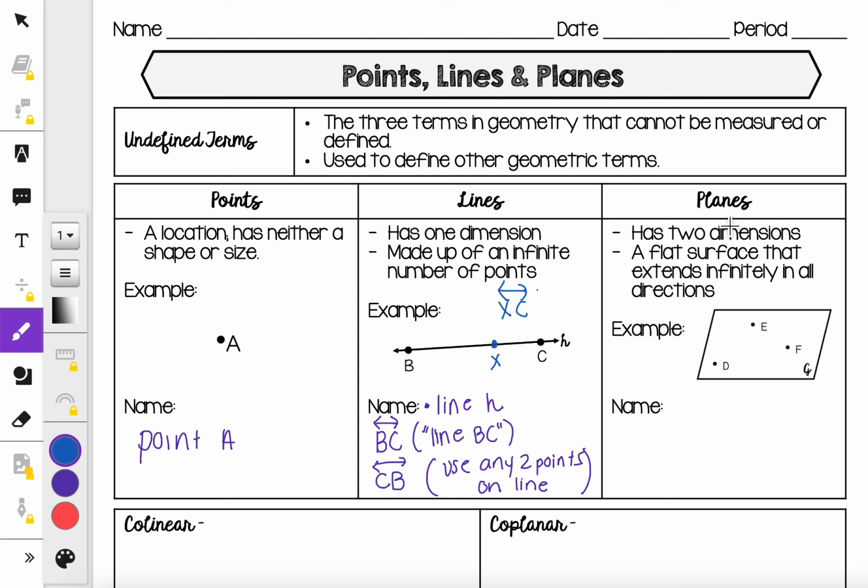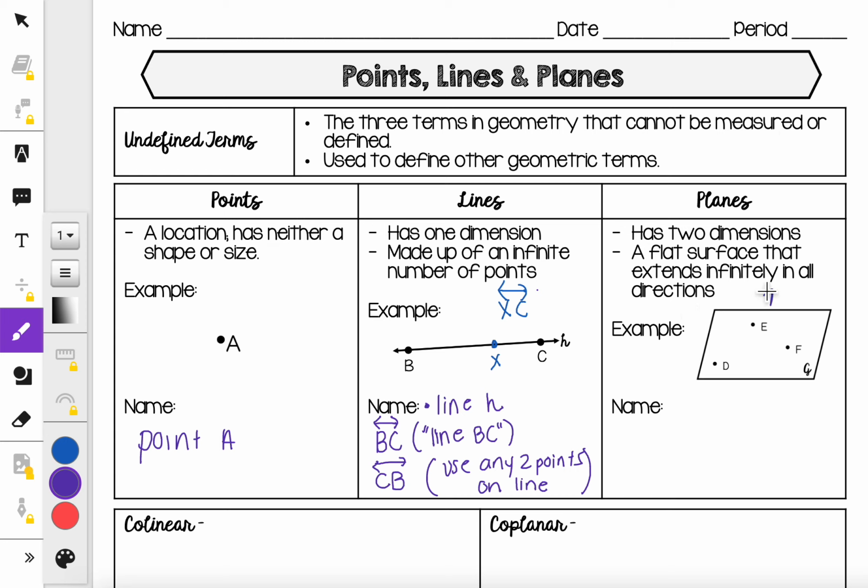And then finally, we're going to talk about planes. A plane is 2-dimensional. It's a flat surface that extends infinitely in all directions. So you want to think of a sheet of paper here. It's a flat surface, and in geometry, that plane is going to extend forever in all directions.